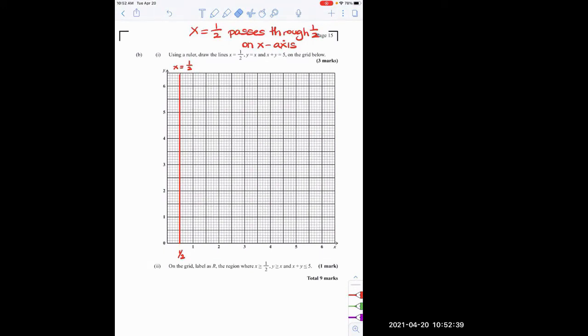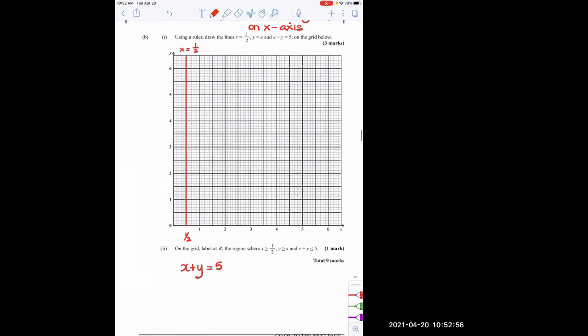Did you all have that line? Yes, miss. Now, we want to draw this line: x plus y equals 5. But we need to make y the subject.